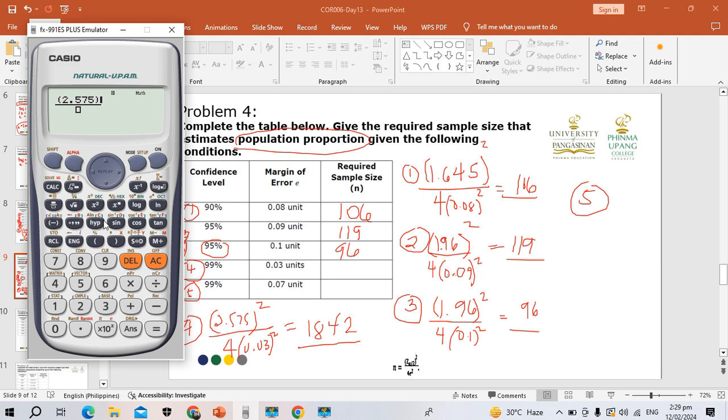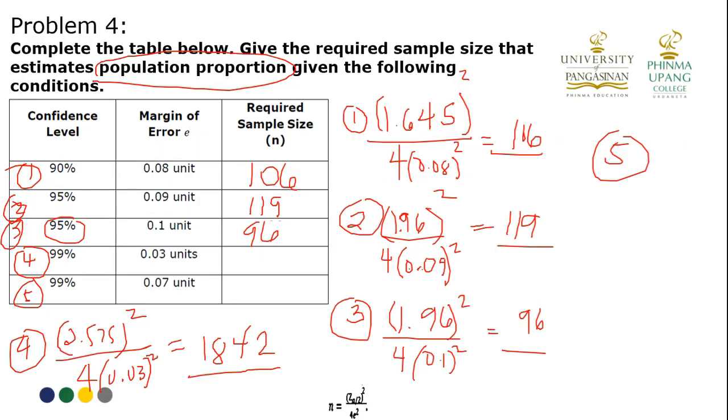Squared, squared, squared. Then 4 times 0.3 squared. 1842. So, tama. So the answer here is 1842.